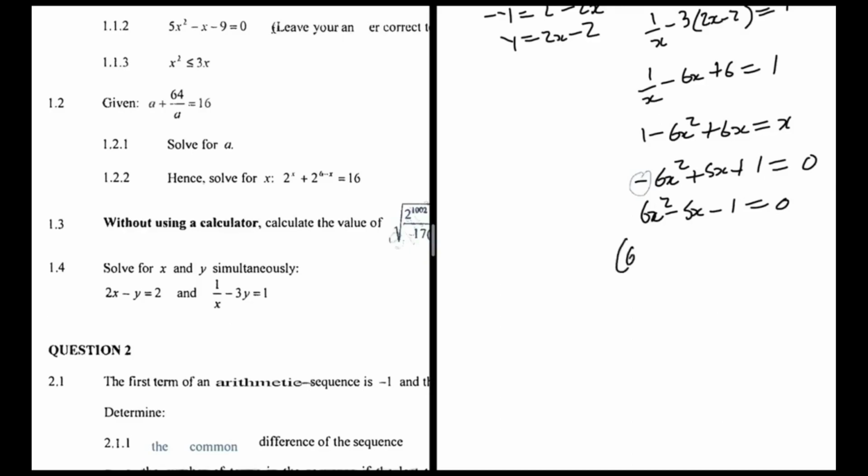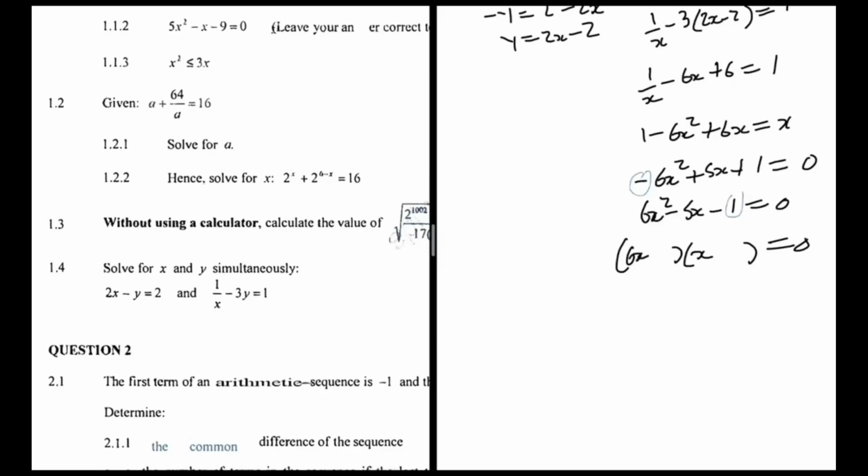So here I'm gonna have 6x multiplied by x is equals to 0, right? This is a bit more tricky. Usually I'd advise people to use the quadratic formula, but then I can try to reason it out, right? Because the only factors of 1 are 1 and 1, right? So you need to put plus 1 somewhere and minus 1 somewhere, and then you put them in a way that the middle term will be minus 5.